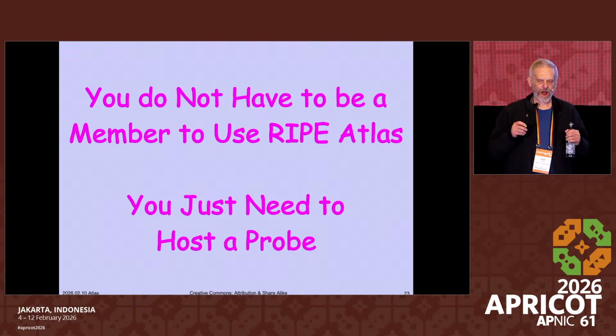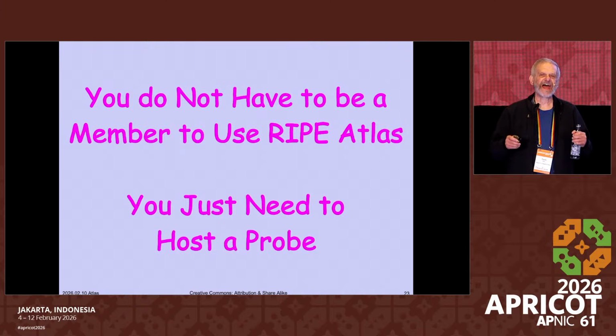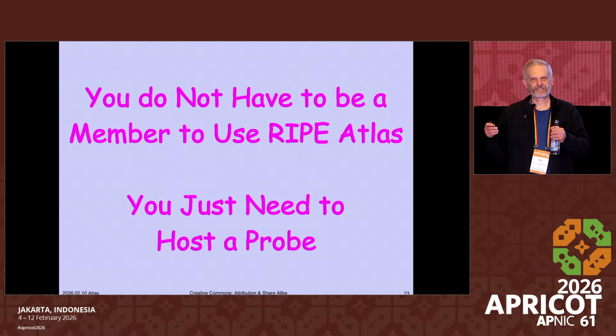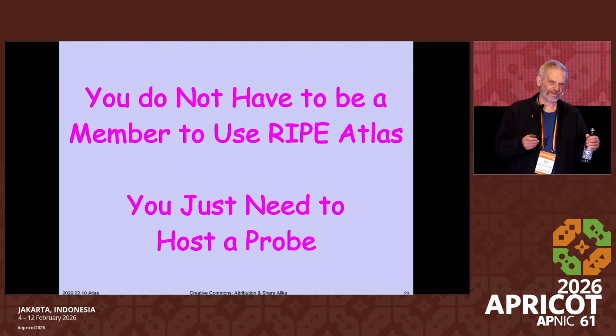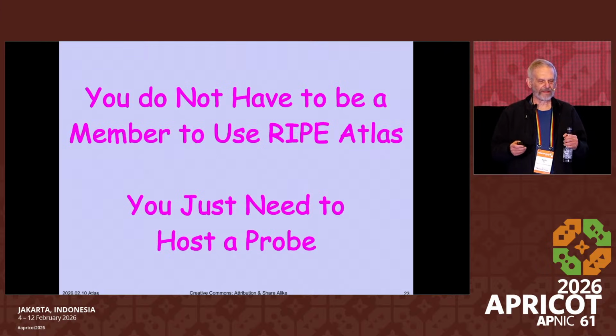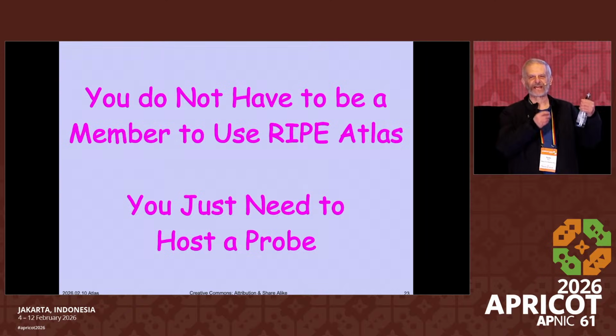If you are in a place that doesn't have many probes, we need more in certain areas. And by area, I mean topology, not so much geography. Like if you're in a network that has no probes, etc. So you just need to host a probe. If you have one probe, you have full access to the system.